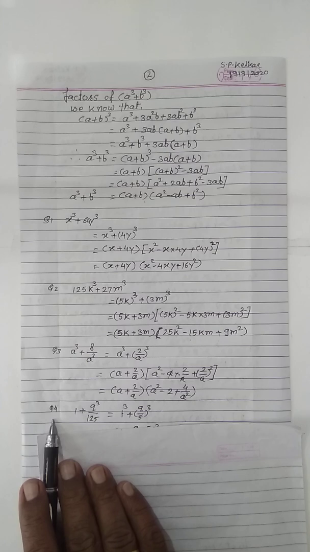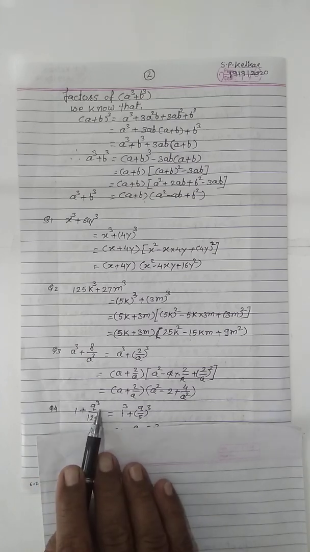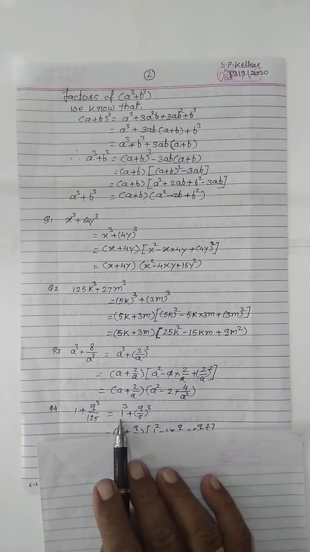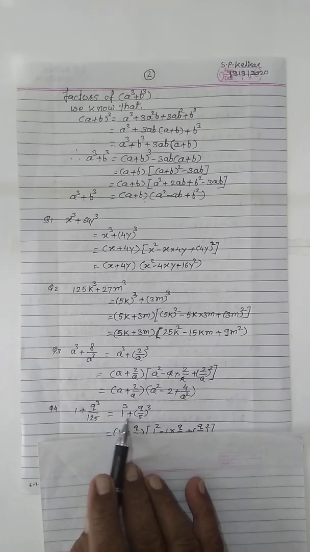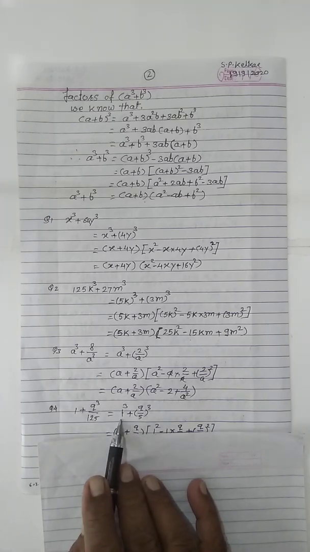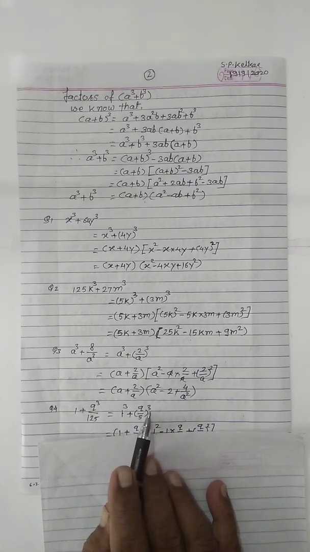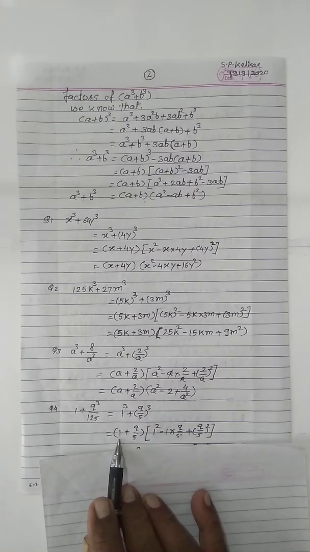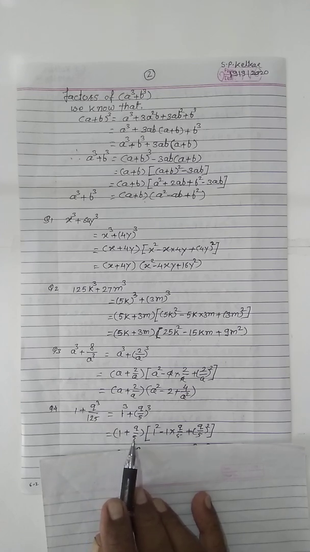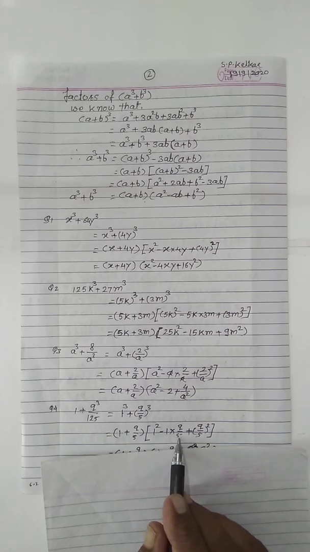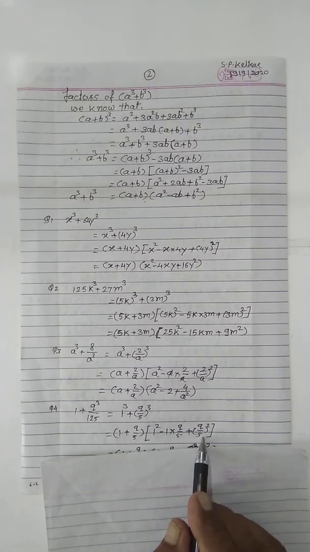Now we take another example, the fourth: 1 plus q cube divided by 125. 1 as it is, the cube of 1 is 1, that is the first term, plus the second term q upon 5, since 125 is the cube of 5, so (q upon 5) whole cube. Write the first term in the first bracket plus the second term. Then in the second bracket, first term square minus first term into second term plus second term square.